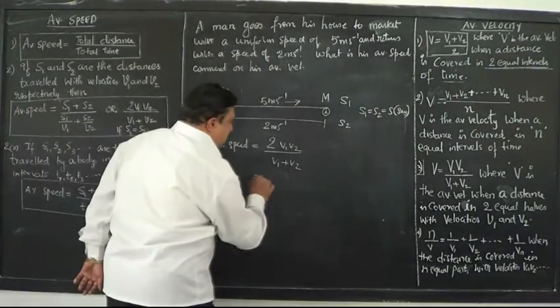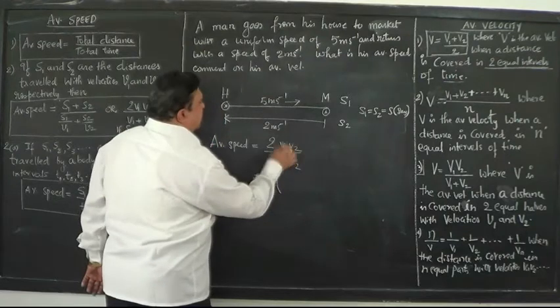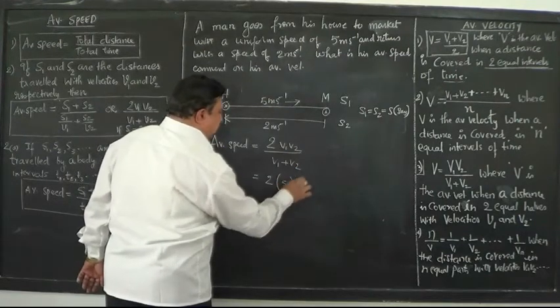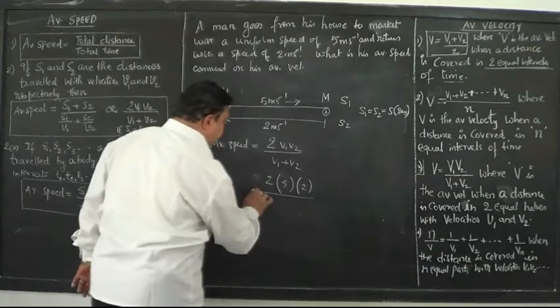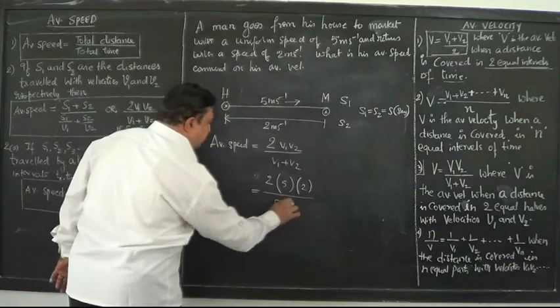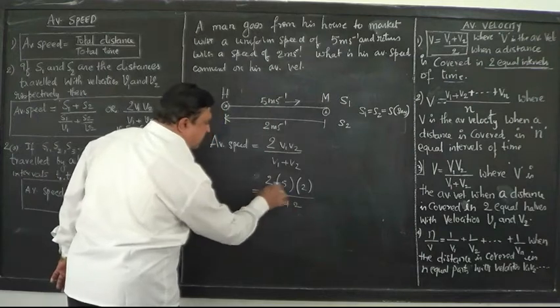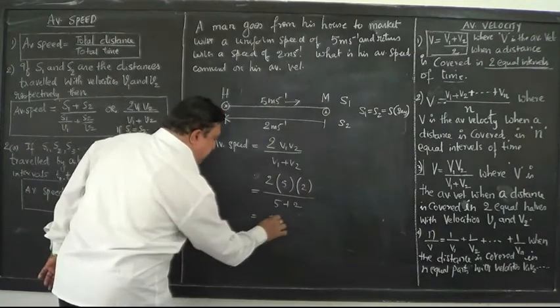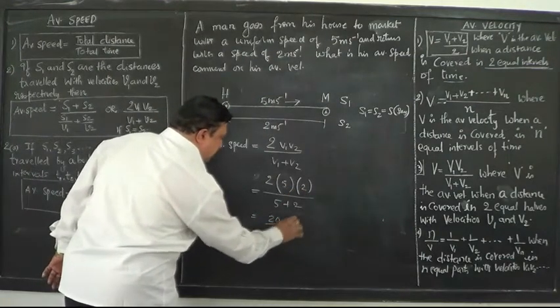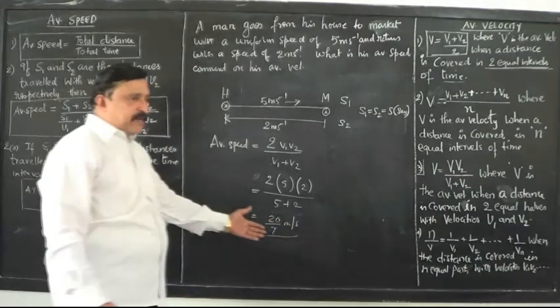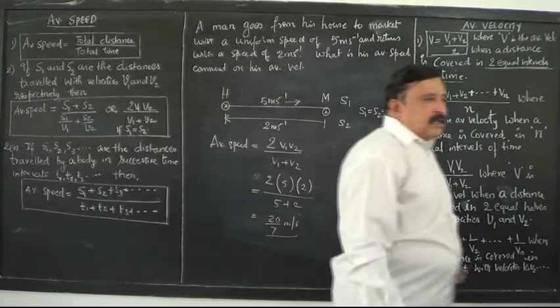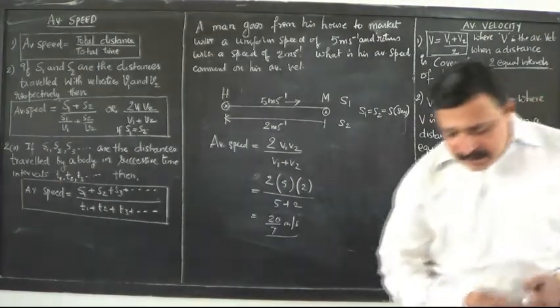So that is 2 times his velocity v1, 5 meters per second, velocity v2, 2 meters per second, over v1 plus v2, 5 plus 2. That is 2 fives are 10, into 2, 20 over 7 meters per second. So his average speed is 20 by 7. This is the answer.